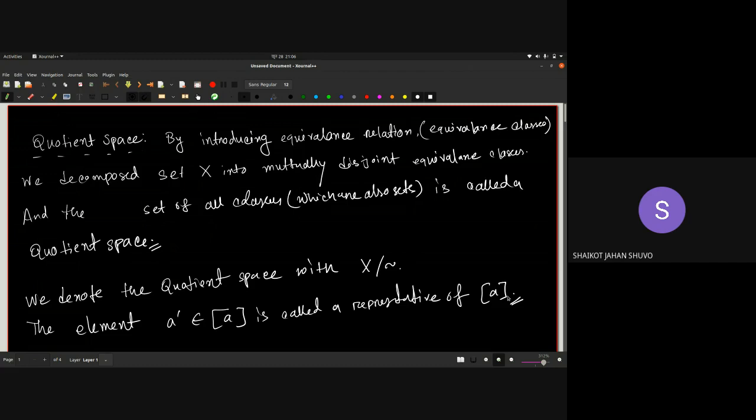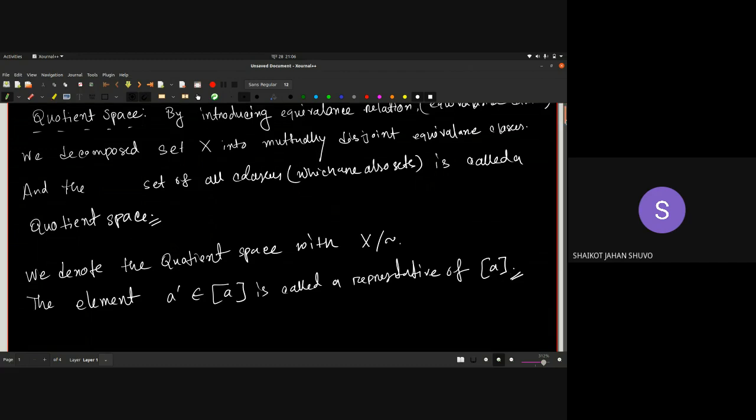Now we will try to see some examples, and these are pretty interesting examples. But before I move into the examples, note that when you are talking about equivalence relations and equivalence classes, you are doing some stuff with some sets, and since you don't specify anything about those sets, these are in general abstract.